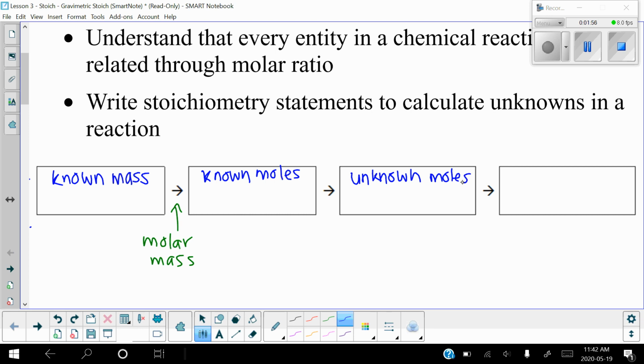When we're converting from one entity in a reaction to another, we will use the converter of a molar ratio. Lastly, once we have the moles of our unknown, we can then calculate our unknown mass. And that is done, again, whenever you're going from moles to mass or mass to moles, the converter that we will be using is molar mass.